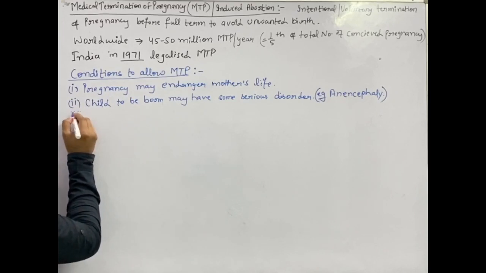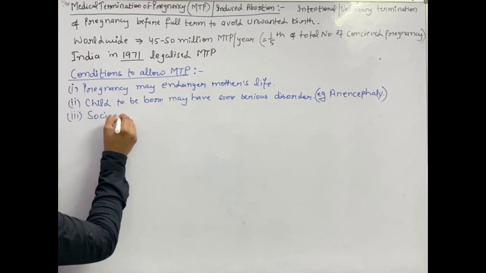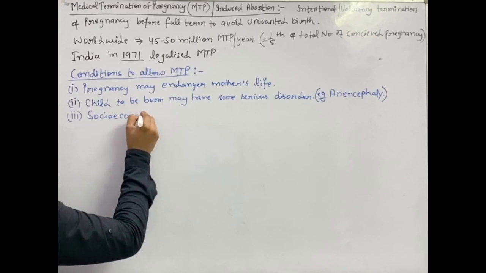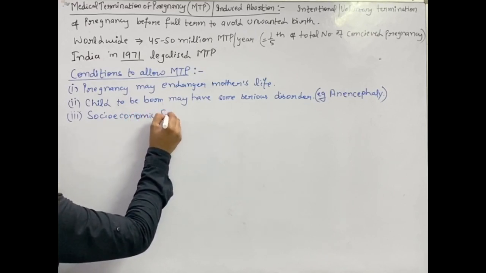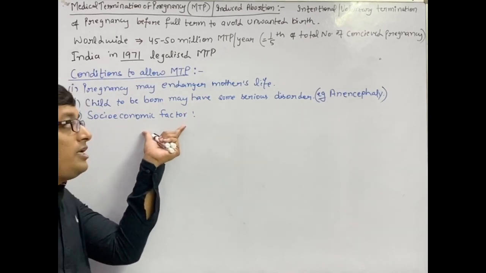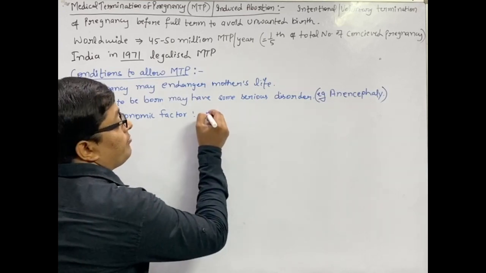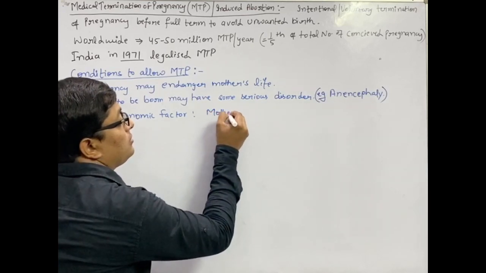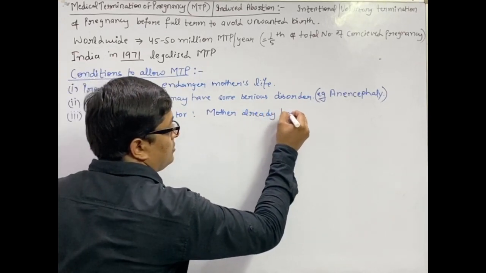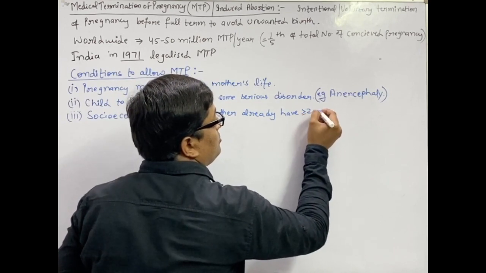And next one, socio-economic reasons, means the mother already has 2 or more than 2 children.